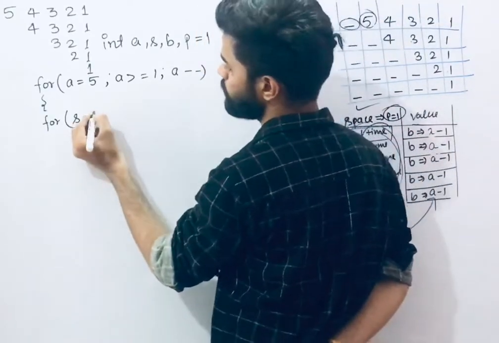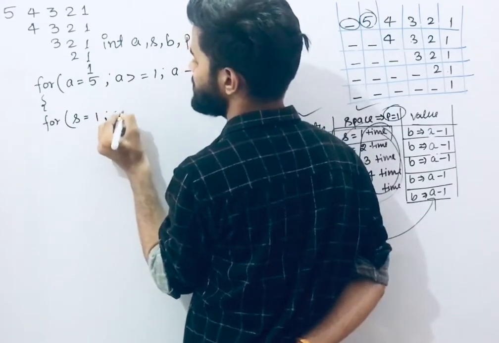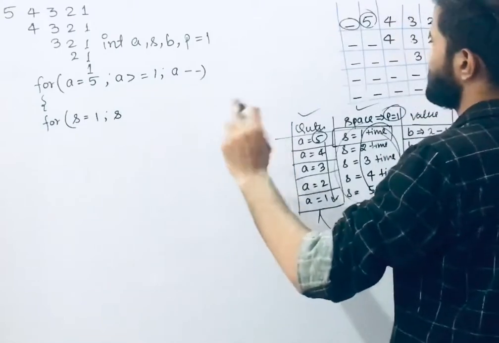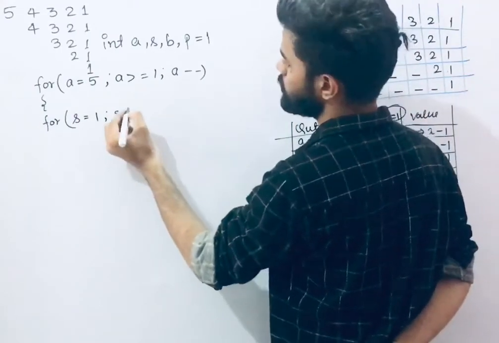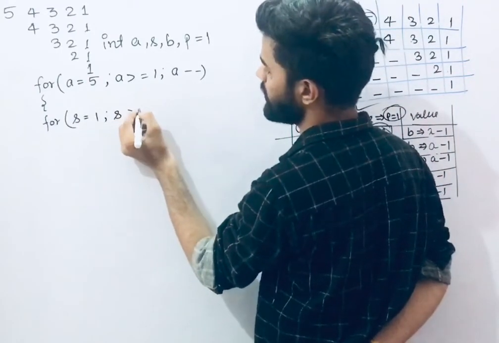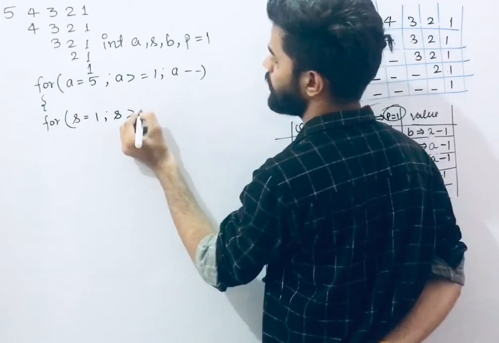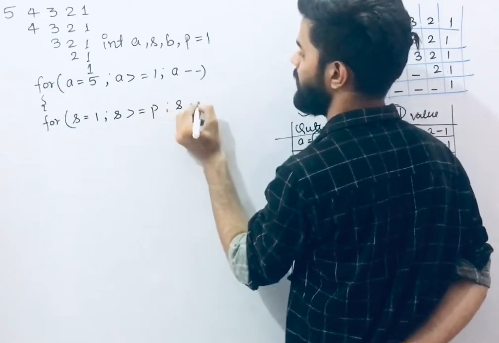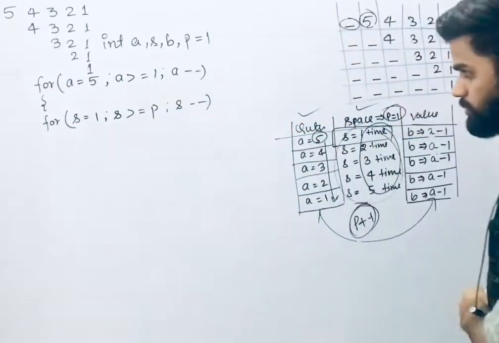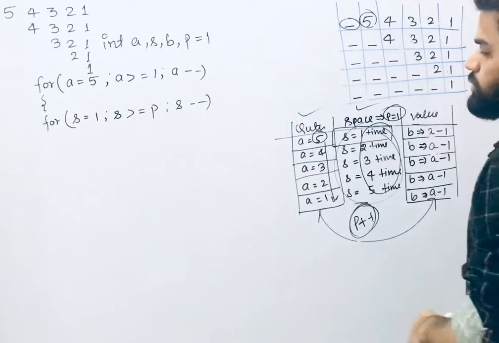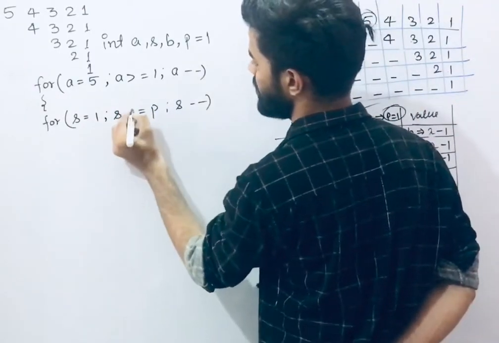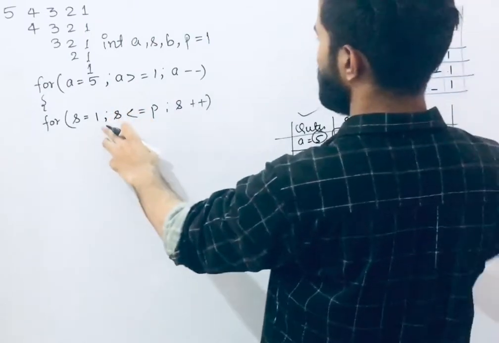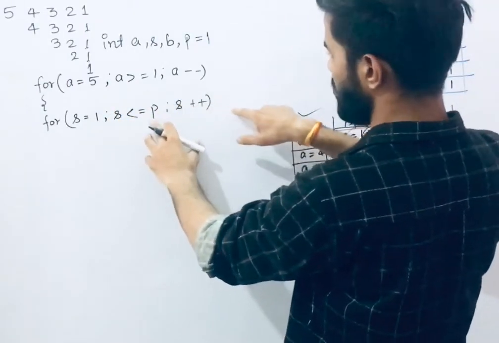Now s equals 1, and the first time it is 1, and then 2 to 1, so always it is greater than or equal to p, and then s minus minus. Clear? Not greater than, it is less than, and here it is plus plus, because when s equals 1, then it runs 1 to 1 number of times.